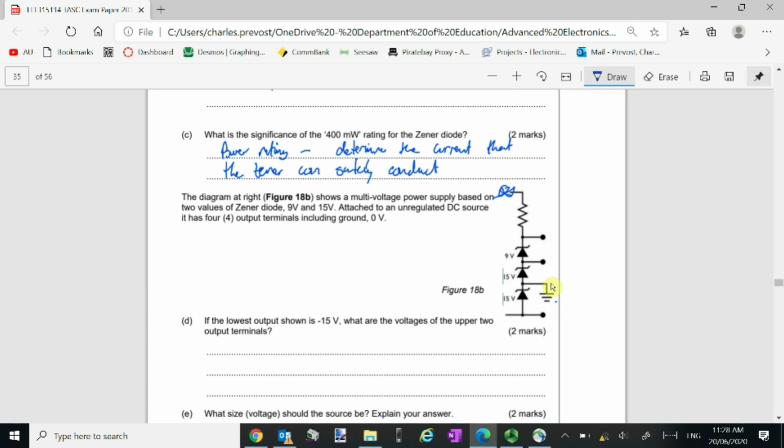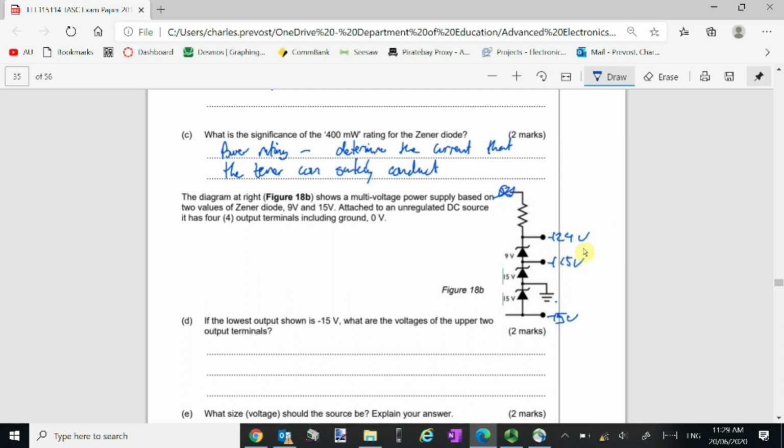Okay, the lowest output shown is negative 15 volts. So 0 volts is 15 volts above negative 15. This is going to be plus 15 volts. And this is going to be 9 volts above that. So it's plus 24 volts.